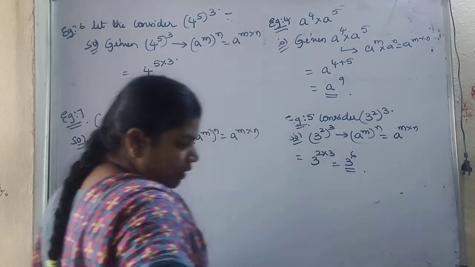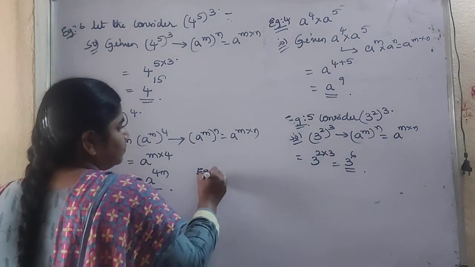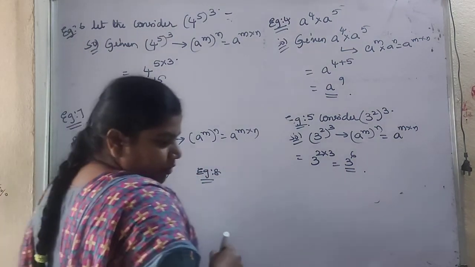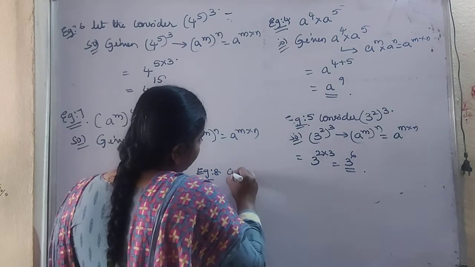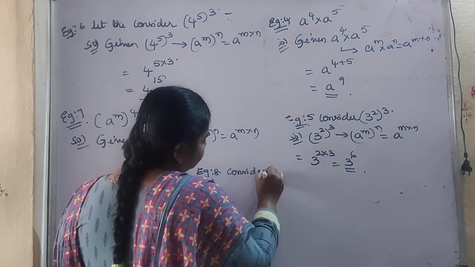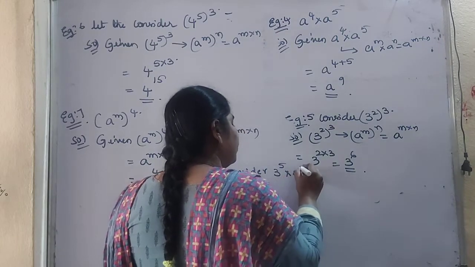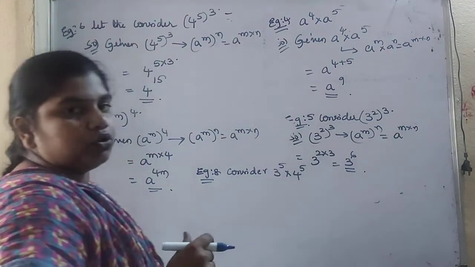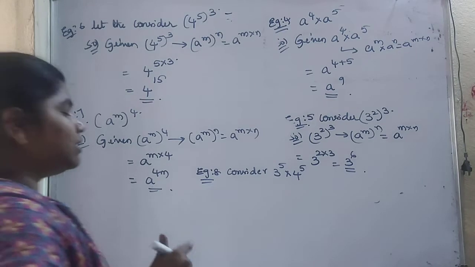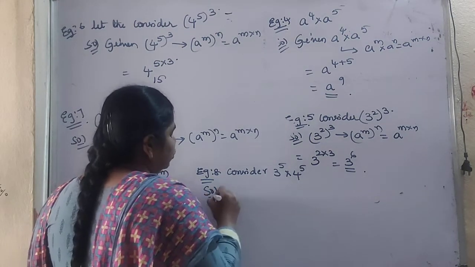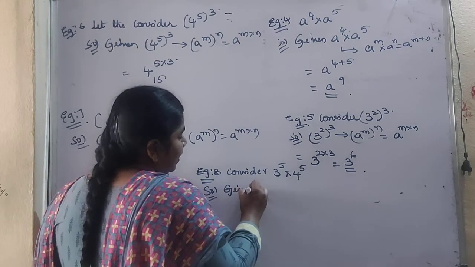Next is example number 8. So what is the question? Consider 3 power 5 into 4 power 5. If you see this, both bases are different but the powers are the same. So which law can we apply? We can apply the second law.